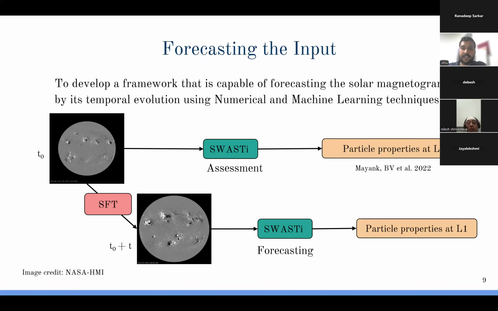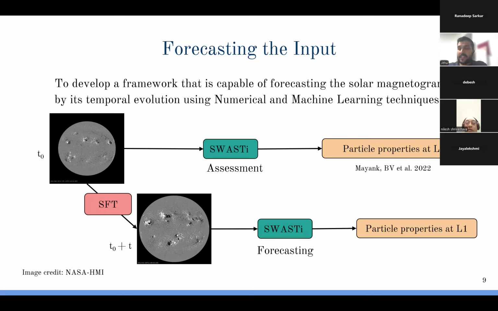Now, why do we need this? We can use this SFT equation to produce magnetograms further in time, which then can be used to predict the particle properties at the L1 point. As you all know, there is already an existing Swasti framework, which takes the input magnetogram at the solar surface, and it can be used to find the particle properties at the L1 point.